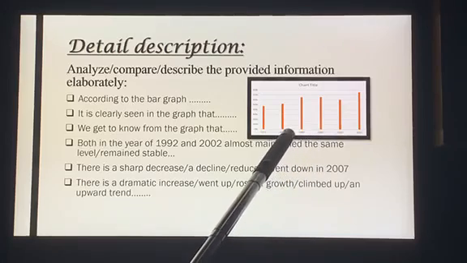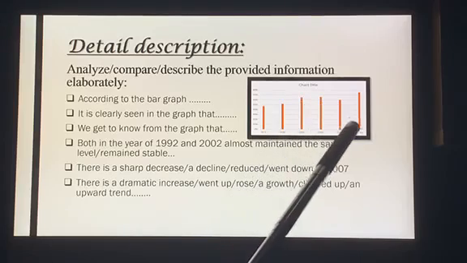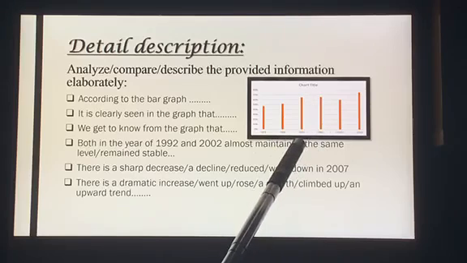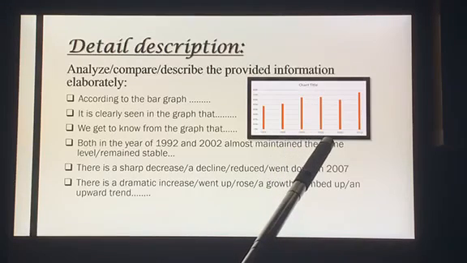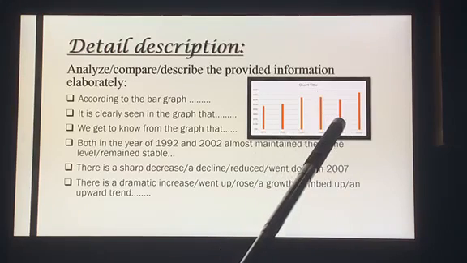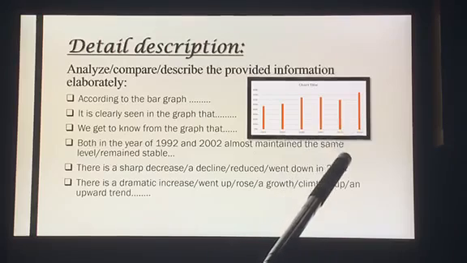Like from 1982 to 1992 there is a sharp increase, and you mention the important point, that from 1992 to 2002 it remained almost the same, and you also mention the declining point and then the highest peak. Like this, every little detail should be mentioned, with special choice of words. Your choice of words is very important. I'm saying this again and again.